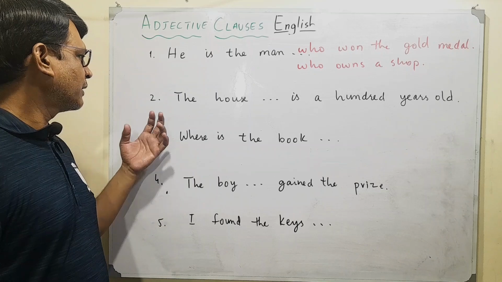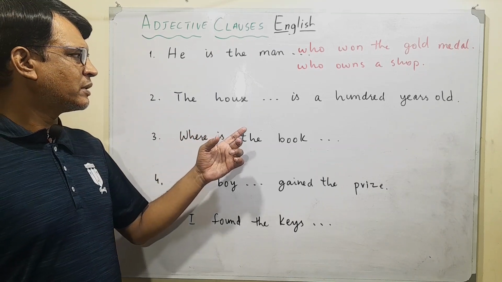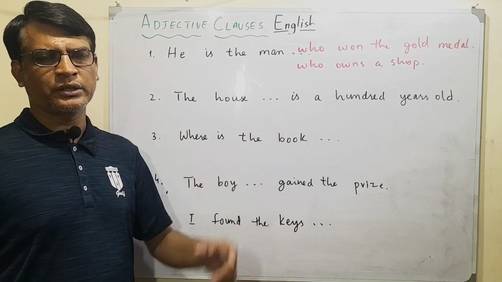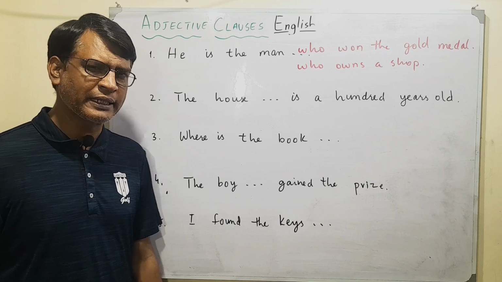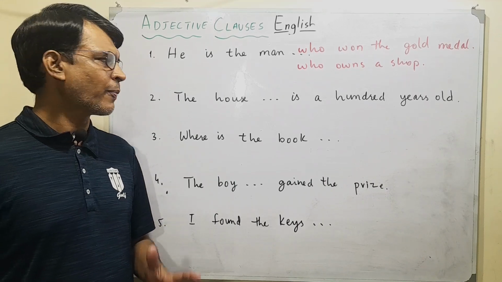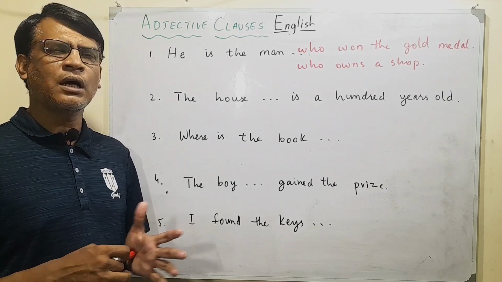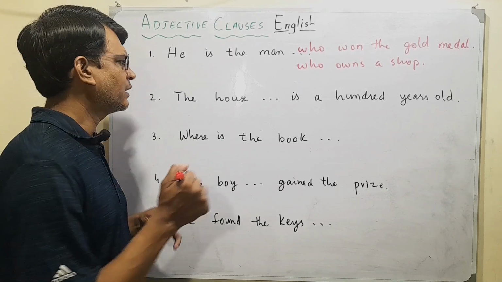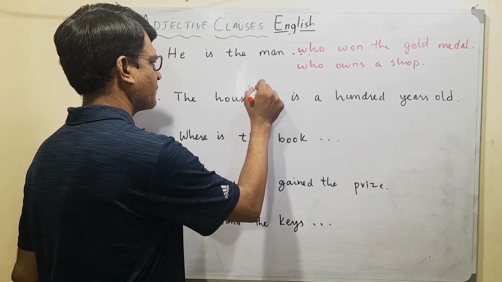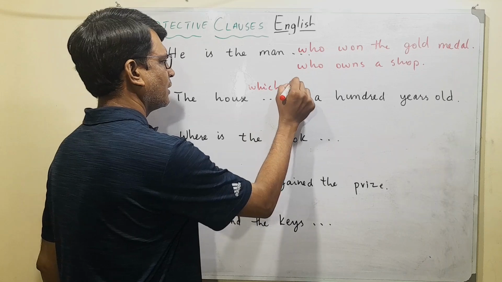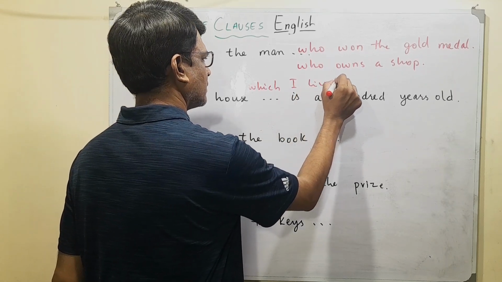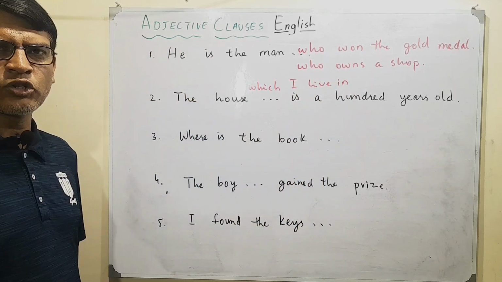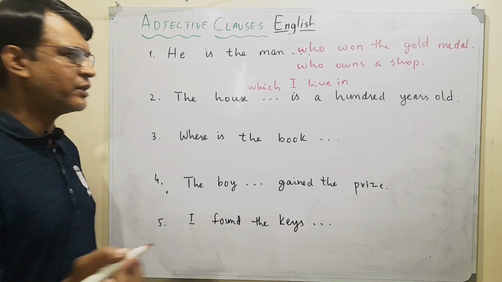Okay. The next is "the house is 100 years old." So what can come into this? Let's think. We can say the house which I live in. The house which I live in is 100 years old.